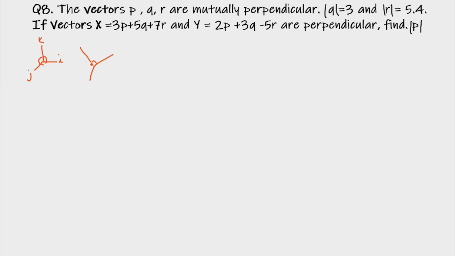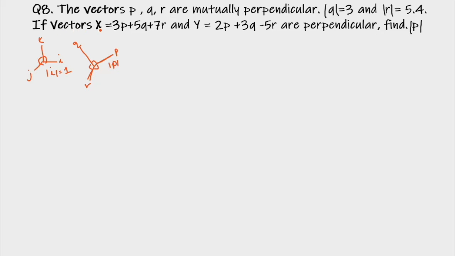So this is 90 degrees, this is 90 degrees, one of them is P, one of them is Q, one of them is R. We can't write them as unit vectors because the magnitude of i is 1, but the magnitude of P is being asked. It is not 1, they are not unit vectors, so we have to treat them likewise.